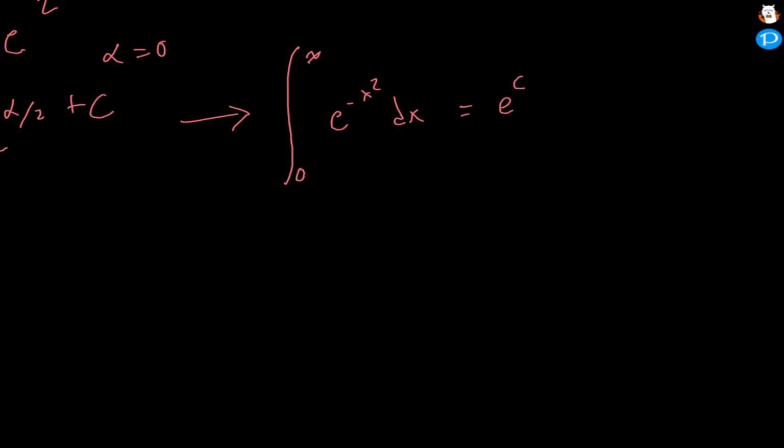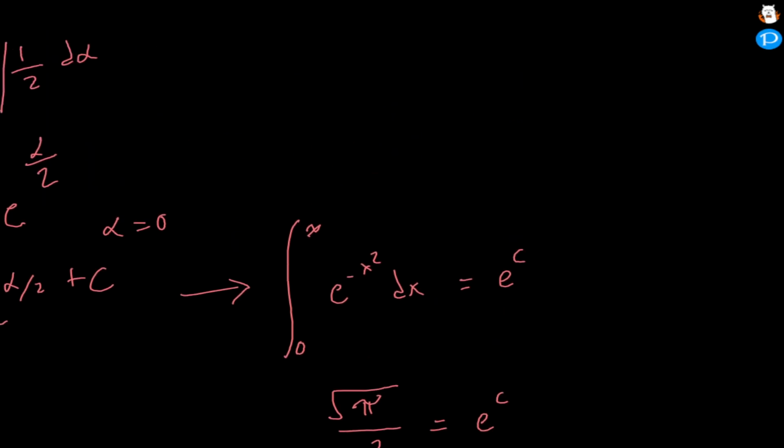Now, another interesting thing is that this is the Gaussian integral evaluated from 0 to infinity, and that is equal to the square root of pi over 2, because we know that this is equal to just this. We divide by 2, and it will just be equal to this. Great. So for some clarification, e to the c is equal to the square root of pi over 2.